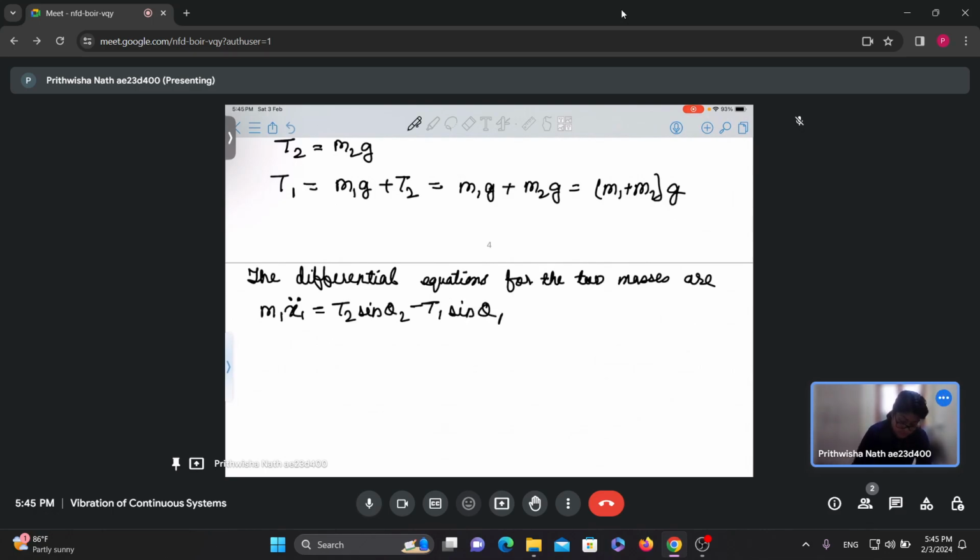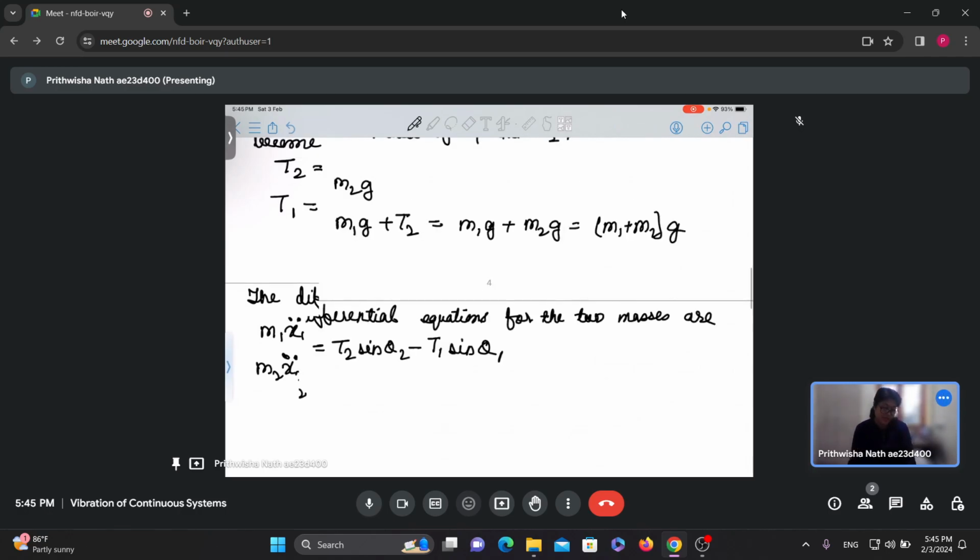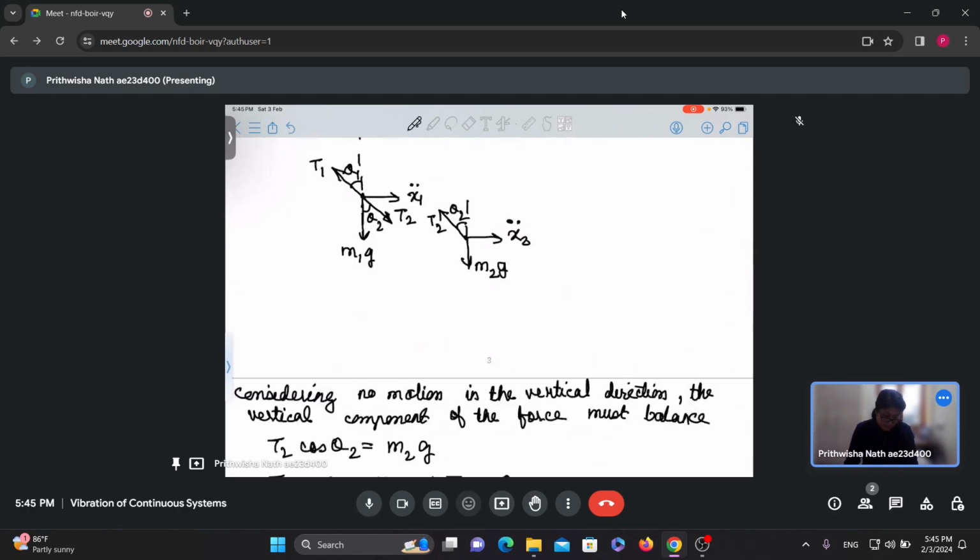Similarly, for the second mass, M2 x2 double dot equals minus T2 sin theta 2.